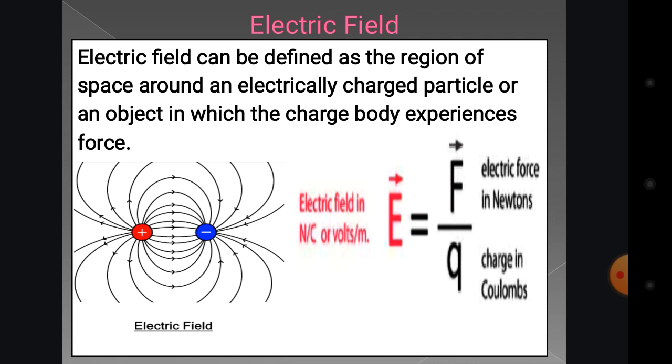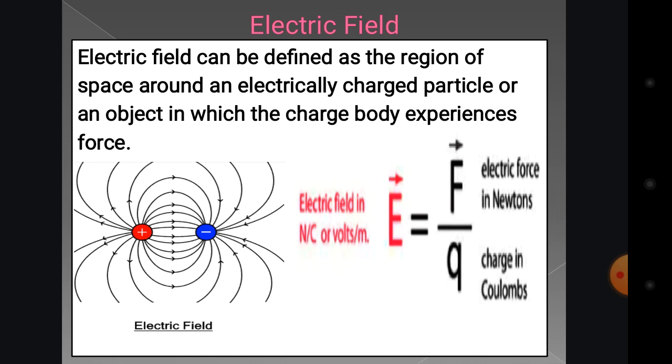Just like in this diagram, the red color with the plus sign is a positive charge, and the minus sign in blue is the negative charge particle.